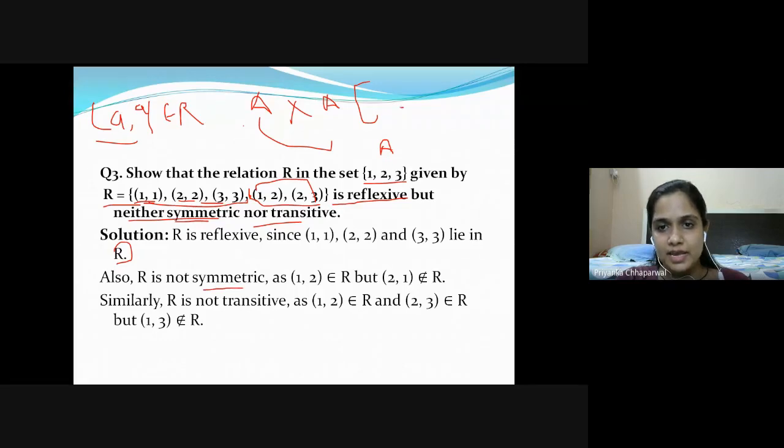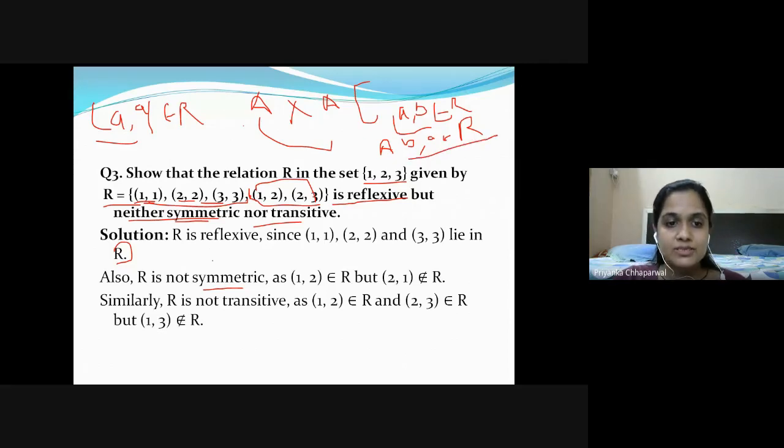If (a, b) belongs to R, then (b, a) should also belong to R.